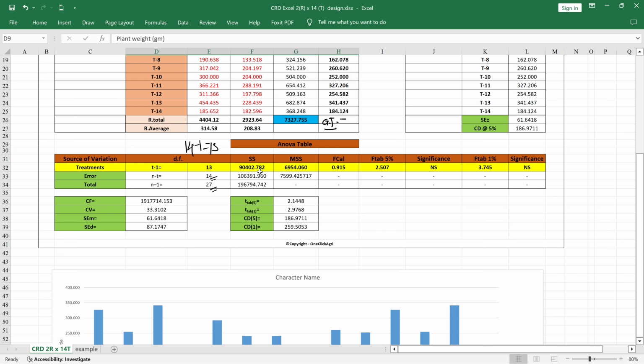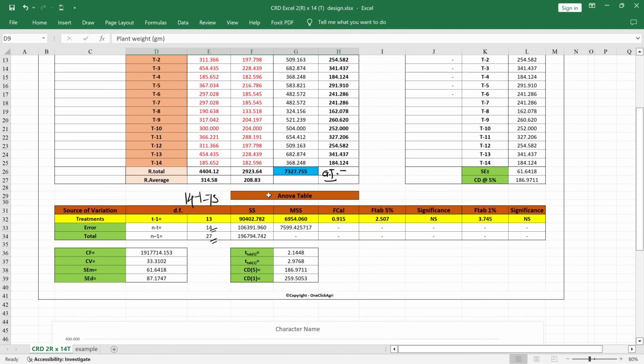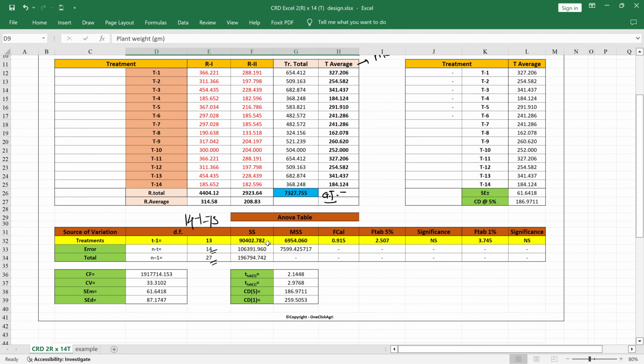Next, in the next column you will get the sum of squares. We need to calculate the sum of squares from these observations. If you want to calculate, you can use this formula. For the treatment, you take the sum of squares of the treatment totals, then divide by the count.